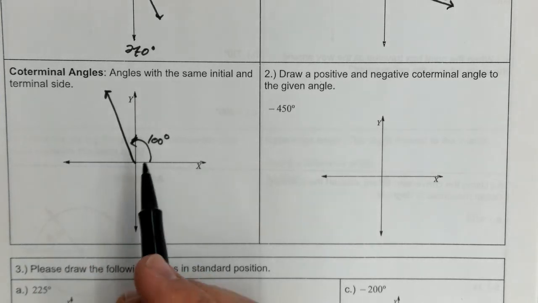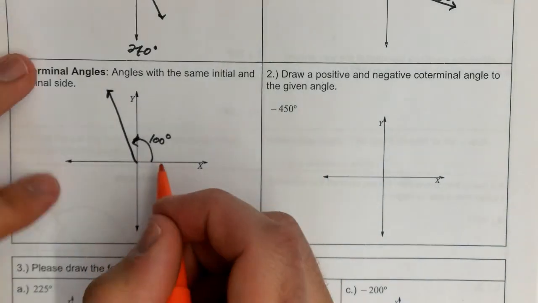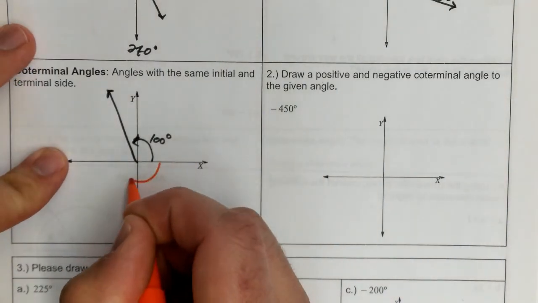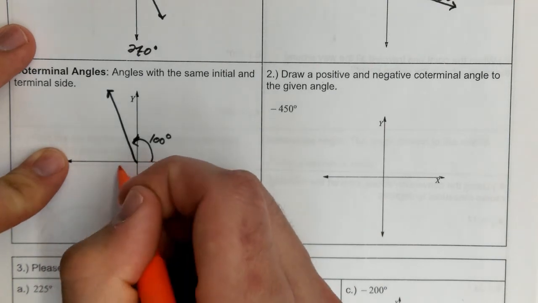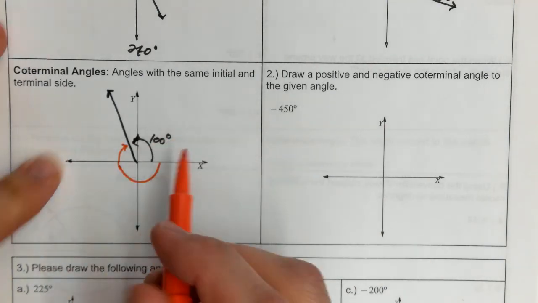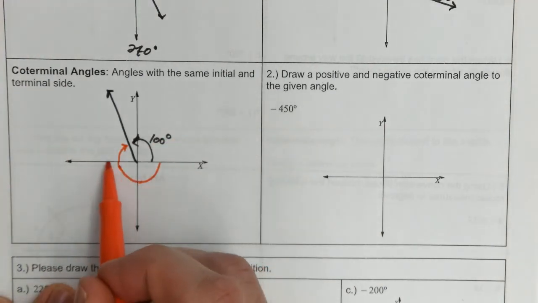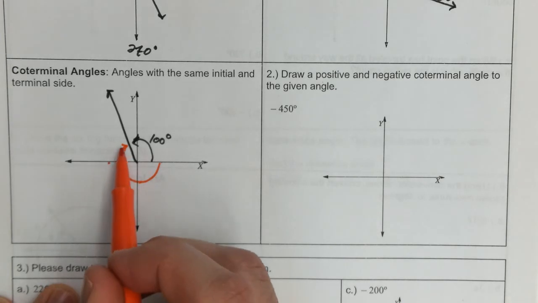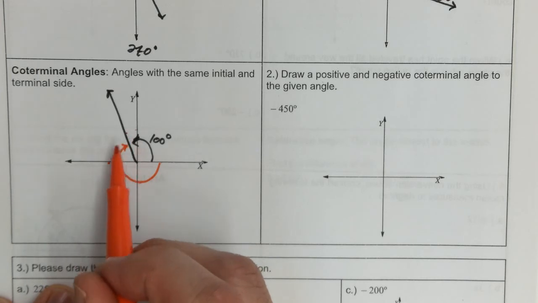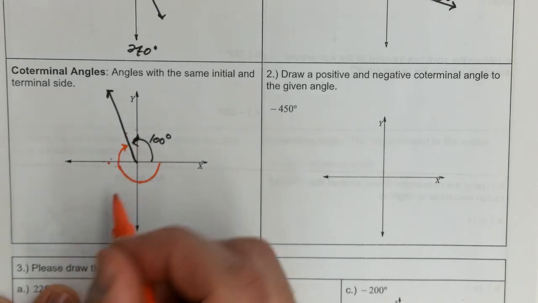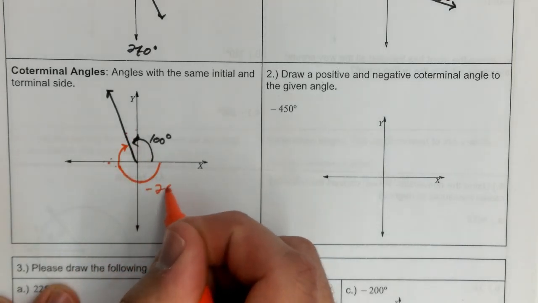Well, one thing that you could do is go in the opposite direction, like this, to get to that terminal side. What angle would that be? Well, it'd be 90, 180, plus whatever this gap is here. It's 10 degrees past 90, so this would be an extra 80 degrees. So it'd be 260 degrees for this angle, negative 260 degrees.